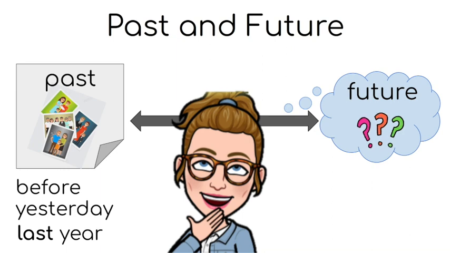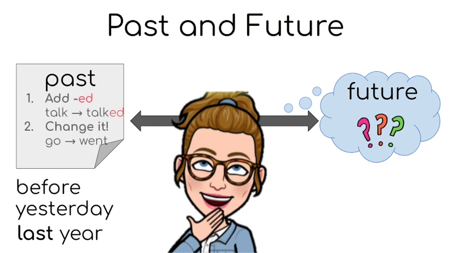We already know, we can remember, like take pictures and remember what happened in the past. When we have verbs in the past, we add ed for regular verbs, like talk turns into talked. And some verbs we have to change. For example, go becomes went.